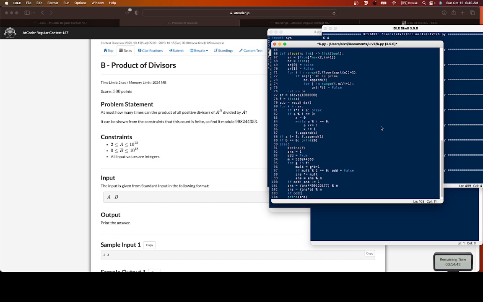If odd, then we have to add in that remaining one for that last factor, the last factor that cannot be paired up.